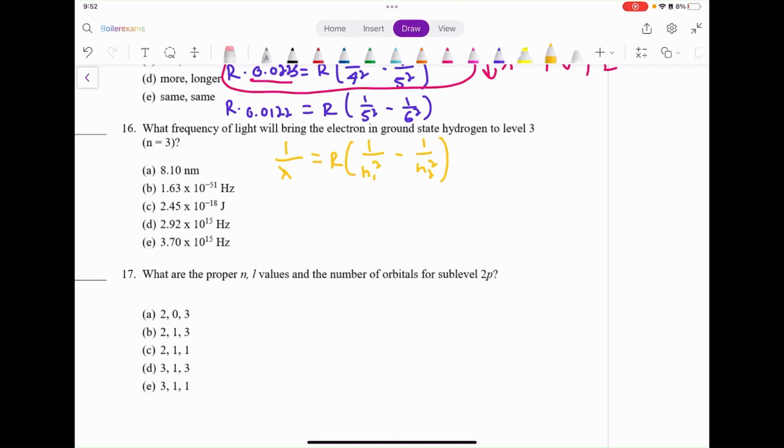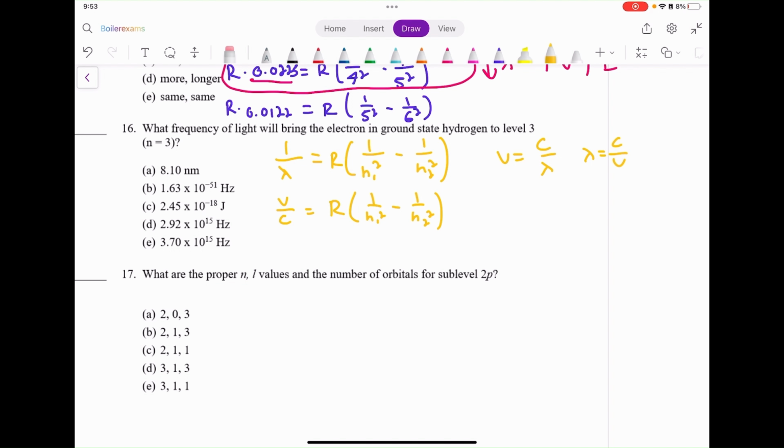And now we are going to want the frequency instead of wavelength, and we know they are related through the fact that frequency equals the speed of light over lambda, and lambda equals speed of light over the frequency. So if I sub that in, I will get that the frequency over the speed of light equals this. So now I have an equation for frequency.